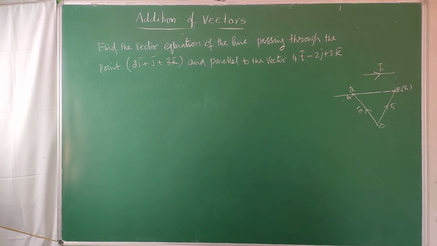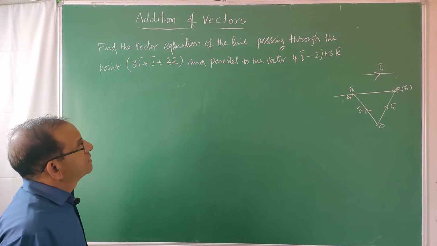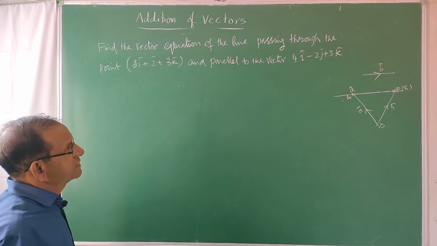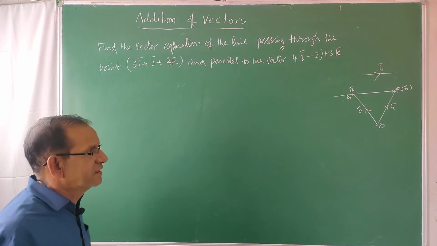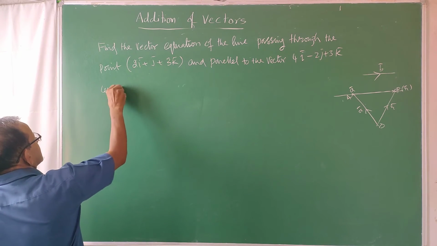Now, here we have to find out the vector equation of the line passing through a point 2i plus j plus 3k and parallel to the vector 4i minus 2j plus 3k. Now, let us take the given point as capital A, that is OA bar.